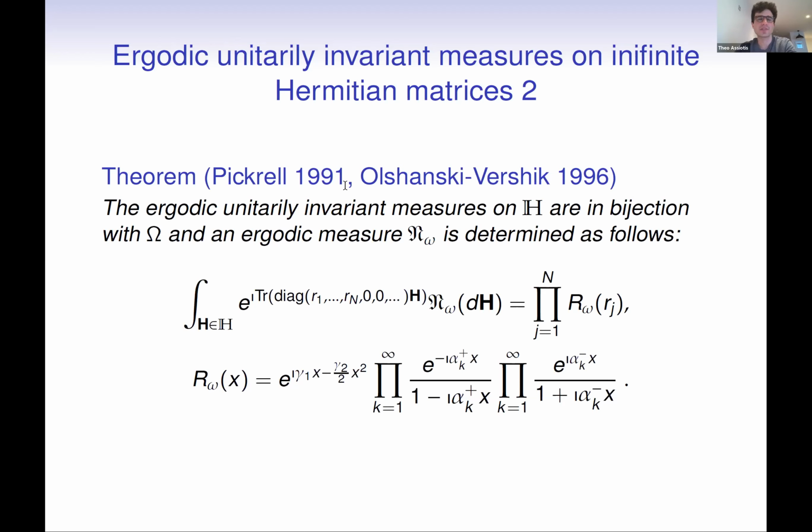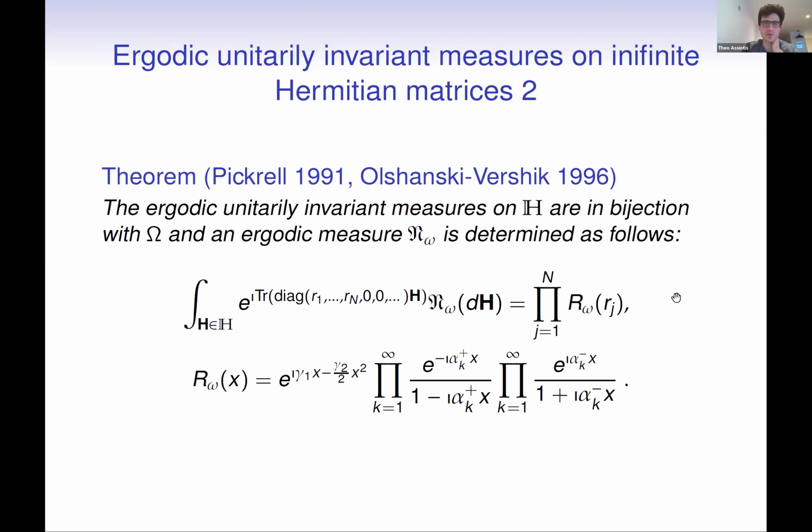And then Olshanski and Vershik have a very different proof, which explains where these parameters come from, from these random matrices. Essentially these things are asymptotic eigenvalues, these are asymptotic trace, and this is related to the asymptotic sum of squares of eigenvalues. Their approach is very important in what follows.